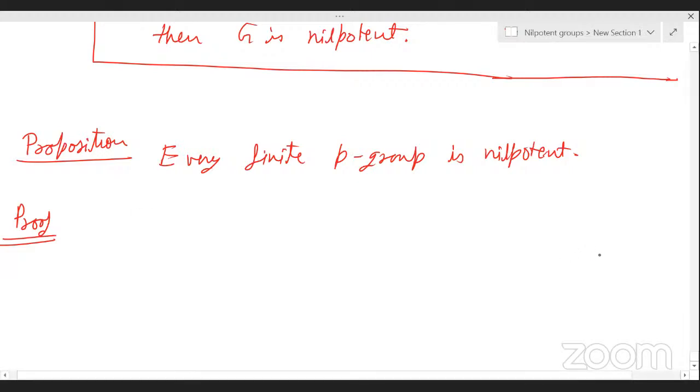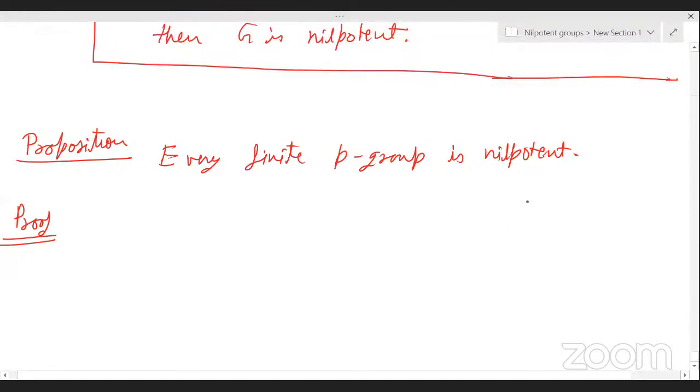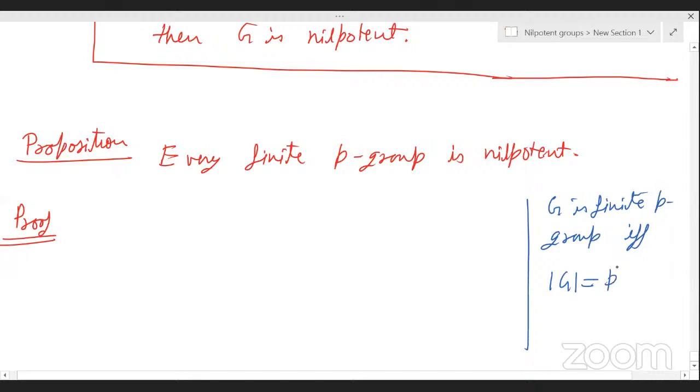Okay, so what I am saying is that G is a finite P group if and only if the order of G is P to the power n for some n in N.